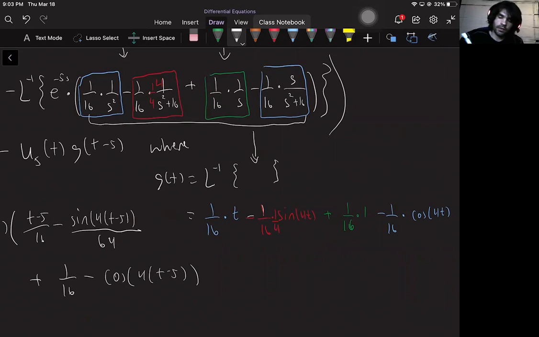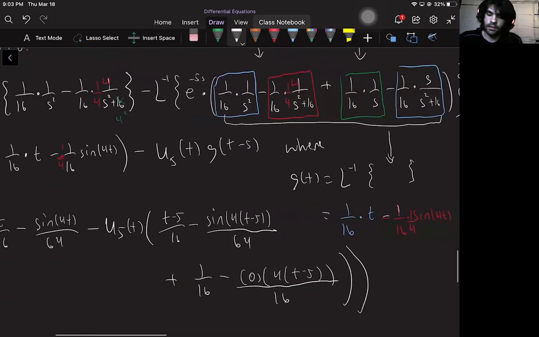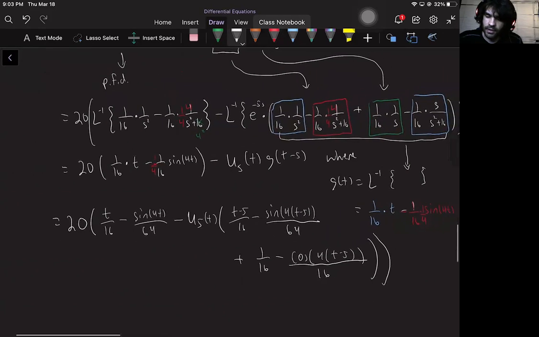Oh, there's also a 1/16 over 16. Okay, so that is the end there. Very big answer.